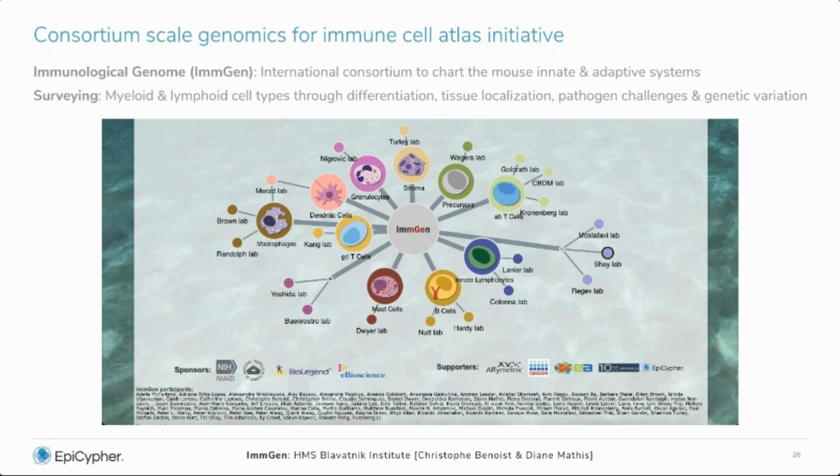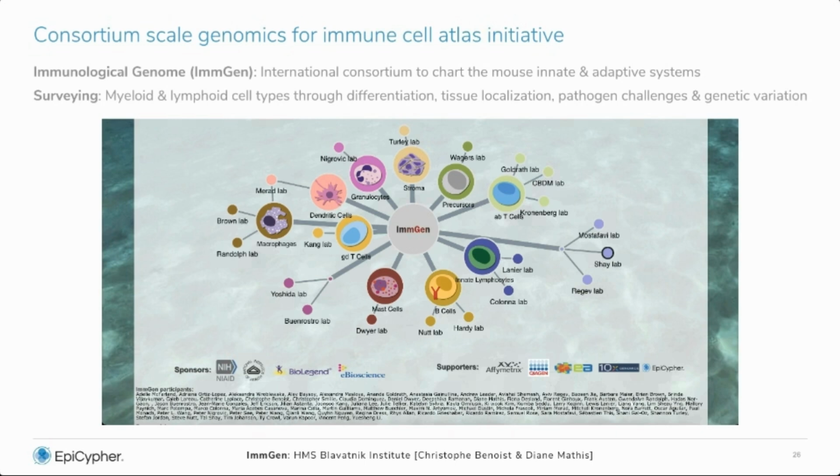This is a very large-scale effort bringing together dozens of labs all across the world to collect unique types of mouse immune cells at various stages through differentiation, various pathogenic challenges, and genetic backgrounds in order to better understand immune diversity and immune responses.